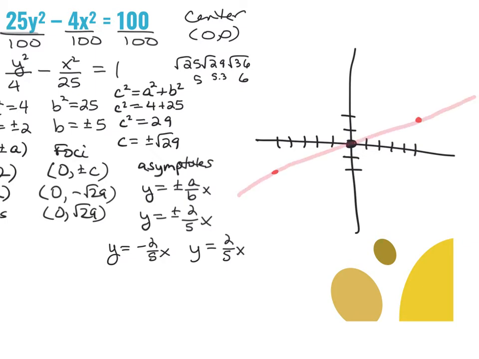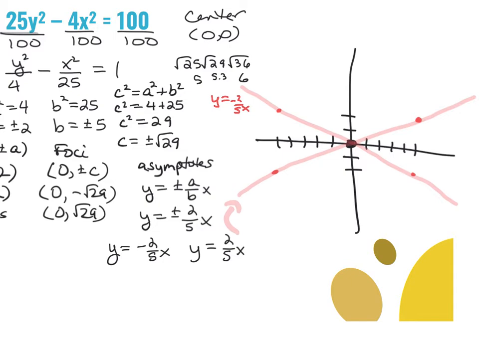This is this one. And then I'll do the negative. So I could go down 2 and to the right 5, or I could go up and left. Connect your points. And I'm not in Notability, so it doesn't make a very straight line. All right, so then this one is y equals negative 2 over 5x.